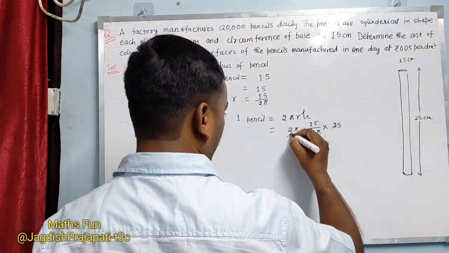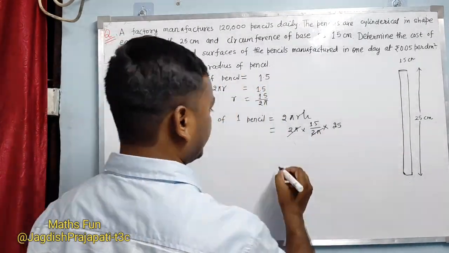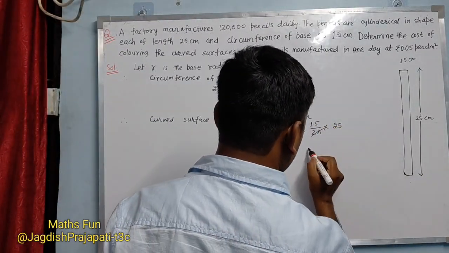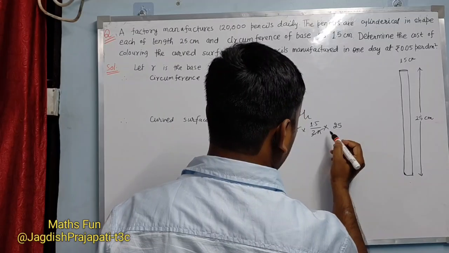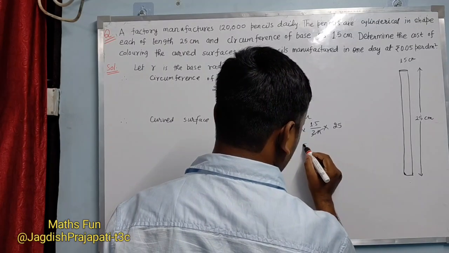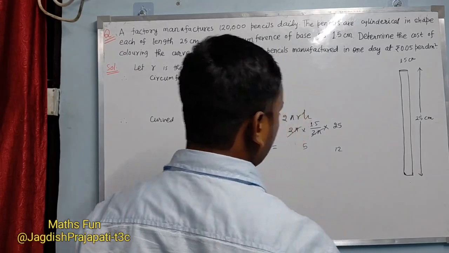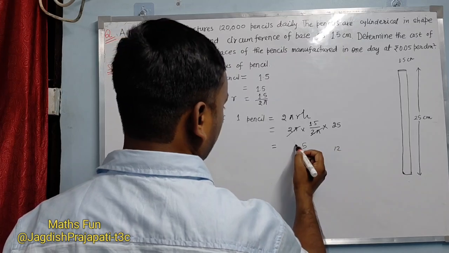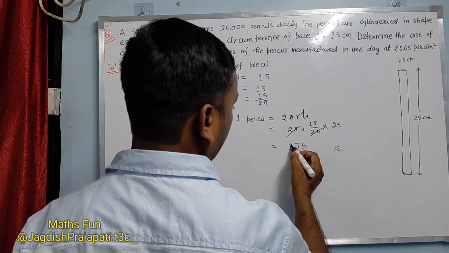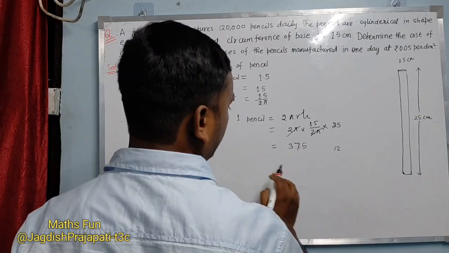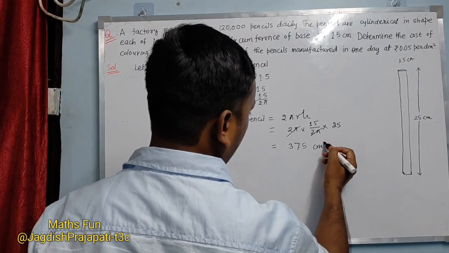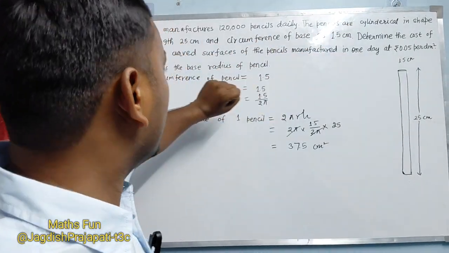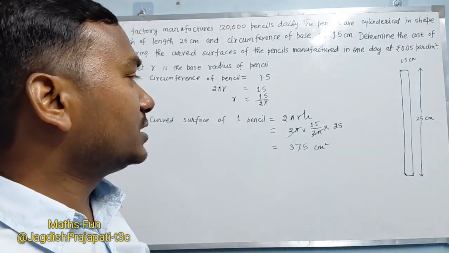This 2 pi will be cancelled out, and this will be 1.5 into 25, which is 37.5. Because these dimensions are in centimeter, this will be in square centimeter.